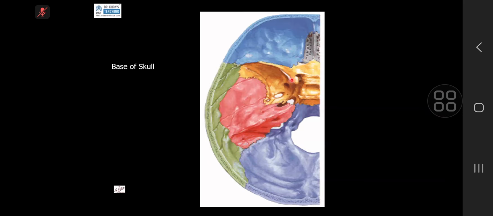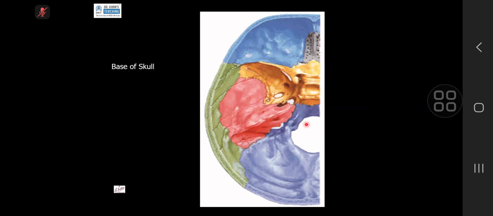Take home point is that superior orbital fissure connects with the intracranial cavity. Optic foramen also connects with the intracranial cavity, but the inferior orbital fissure connects with the pterygopalatine fossa. So it is not visible here. So these were the parts of the sphenoid bone.